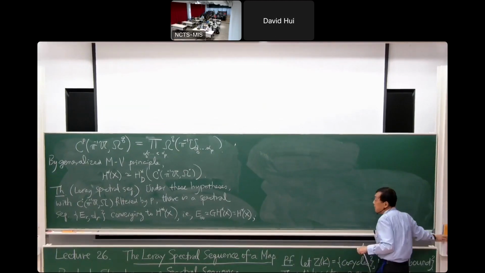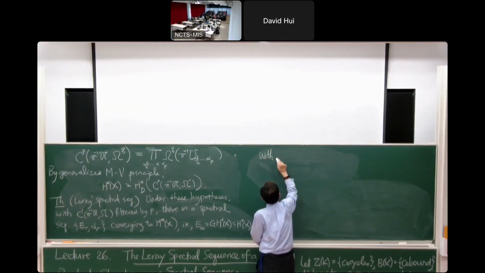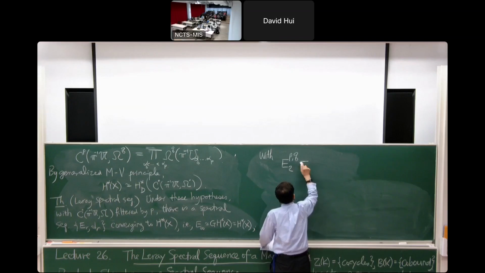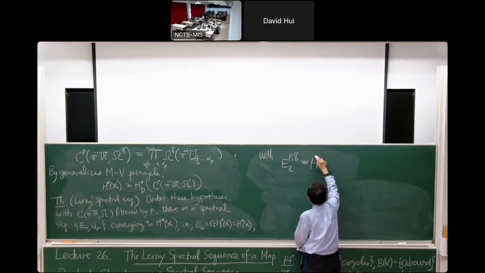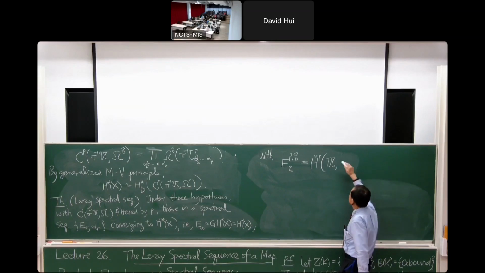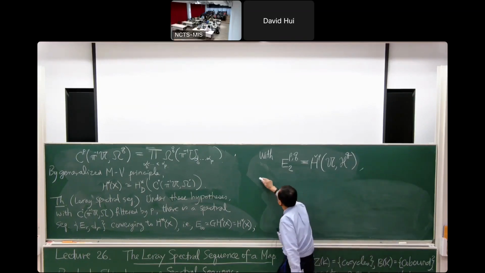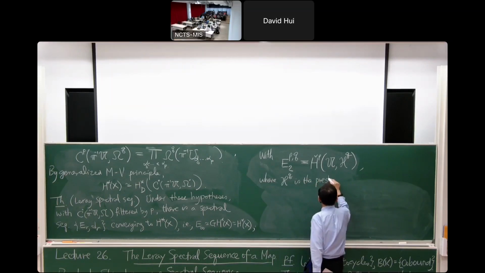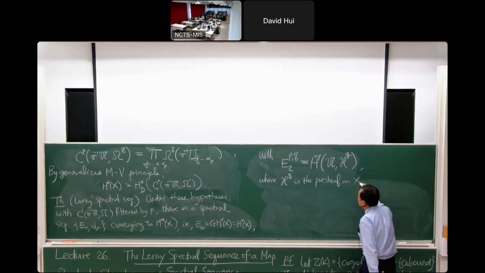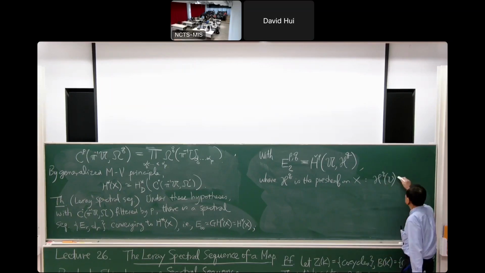So there is a spectral sequence converging to the cohomology of X with E2^{P,Q} being the Pth Cech cohomology of the open cover U with coefficients in the presheaf H^Q, where H^Q is the presheaf given by H^Q of an open set is the cohomology of the inverse image.